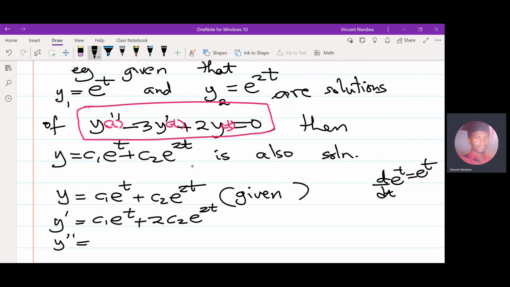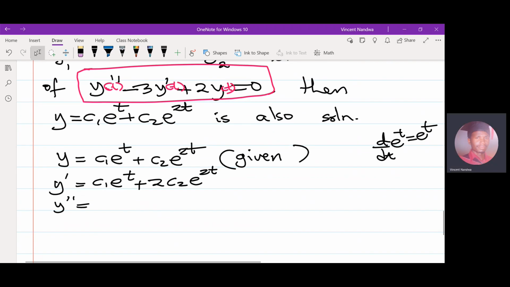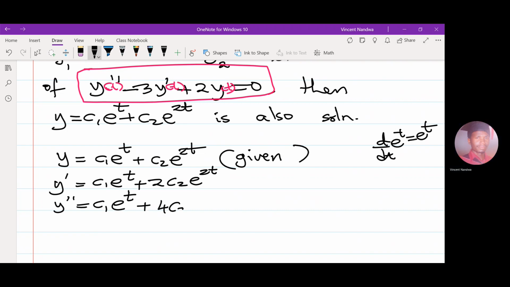And then for this other one here, use the chain rule. The second derivative is C1 e power t plus 4 C2 e power 2t, correct.